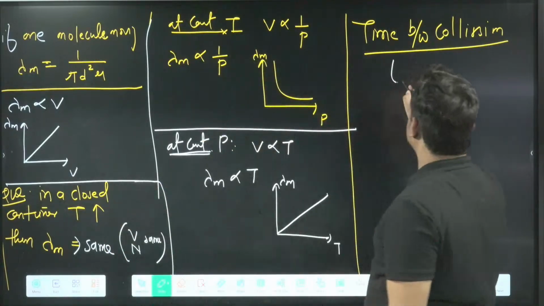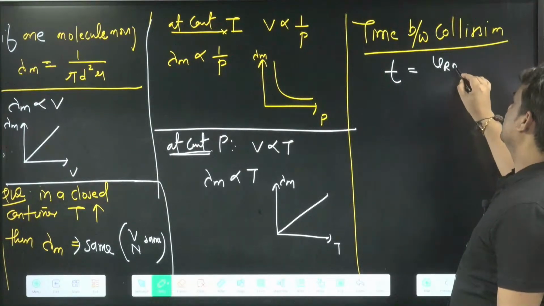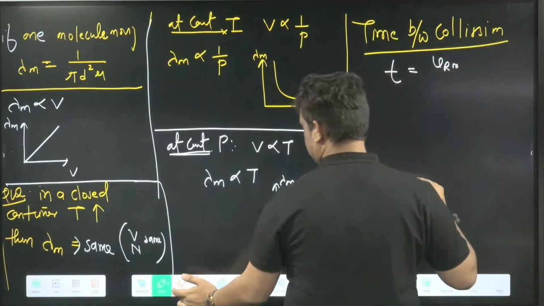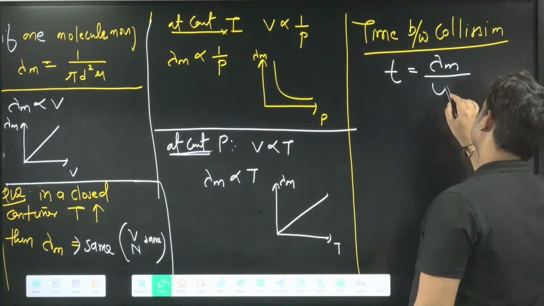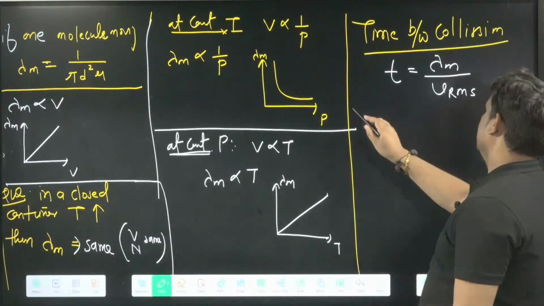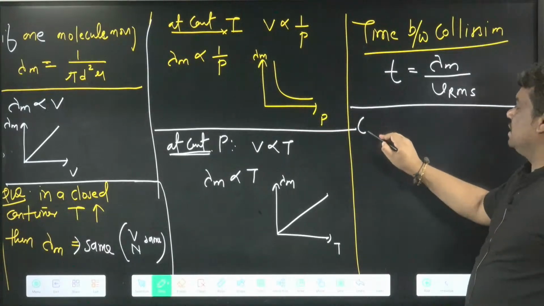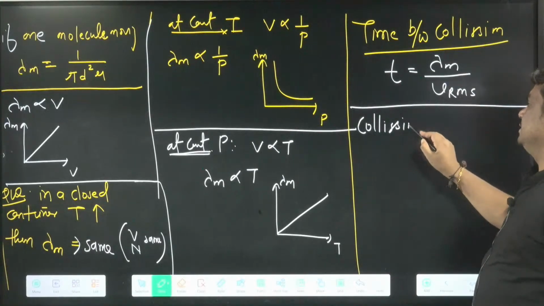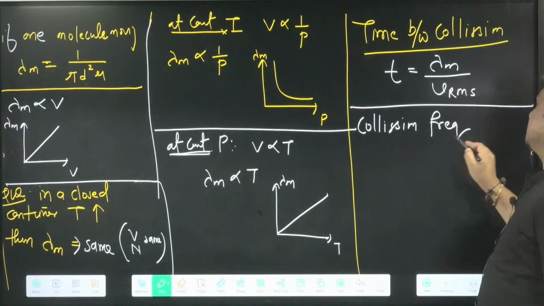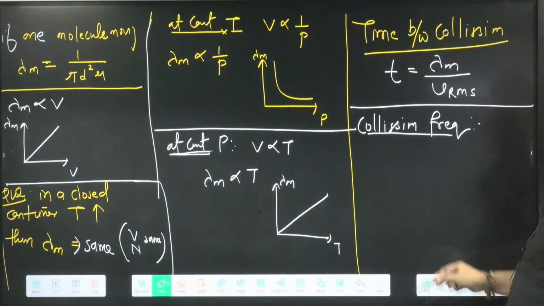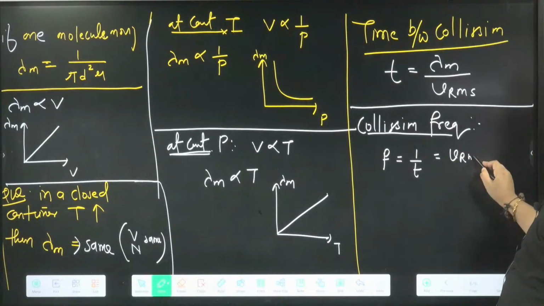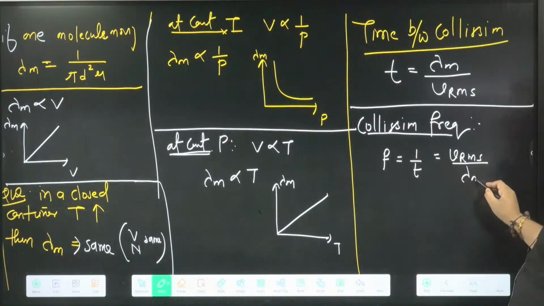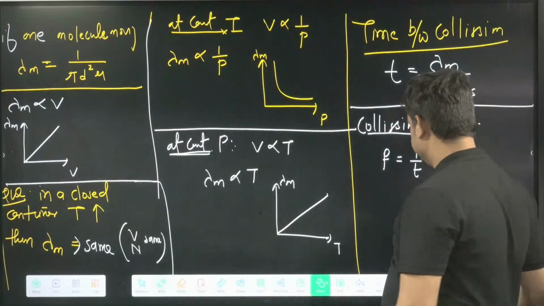So time is lambda m by vrms. Sometimes they will ask for the collision frequency, which is 1 by time, that is vrms by lambda m. Is this clear?